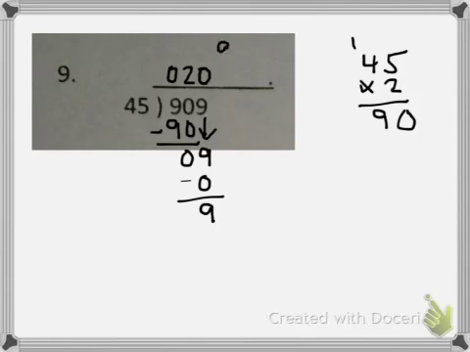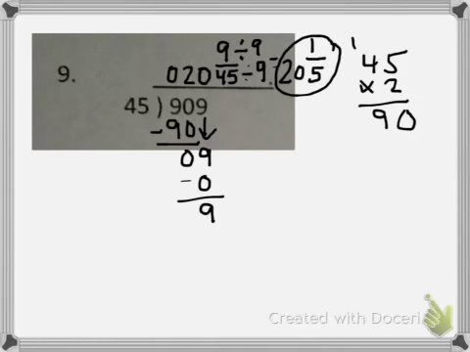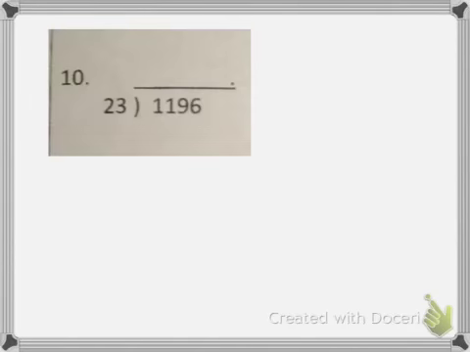So 9 becomes our numerator, and 45 the denominator, but I can reduce my fraction to lower terms if I divide 9 and 45 by 9. So my quotient becomes 20, and 9 divided by 9 is 1, 45 divided by 9 is 5, so 20 and 1/5.